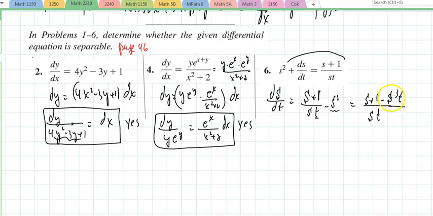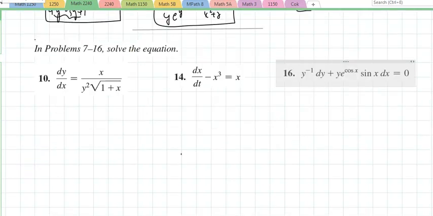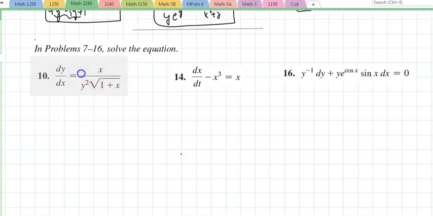How am I going to be able to separate? If they're multiplied, I could separate them easily. But if they're added or subtracted, there's no way of doing that. And in calculus, we dealt with all the separable equations.